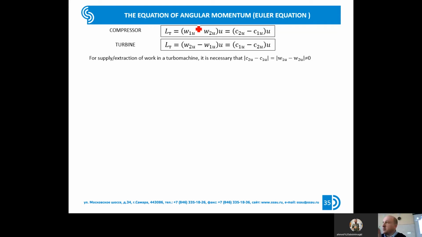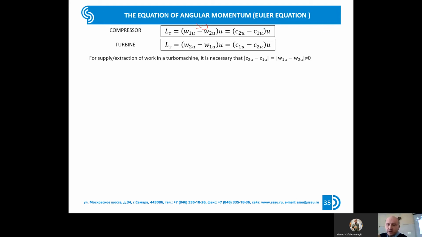If this term is not equal to 0, it means the specific work is not equal to 0. In other words, if you want to extract or supply mechanical work, you need this term not equal to 0.